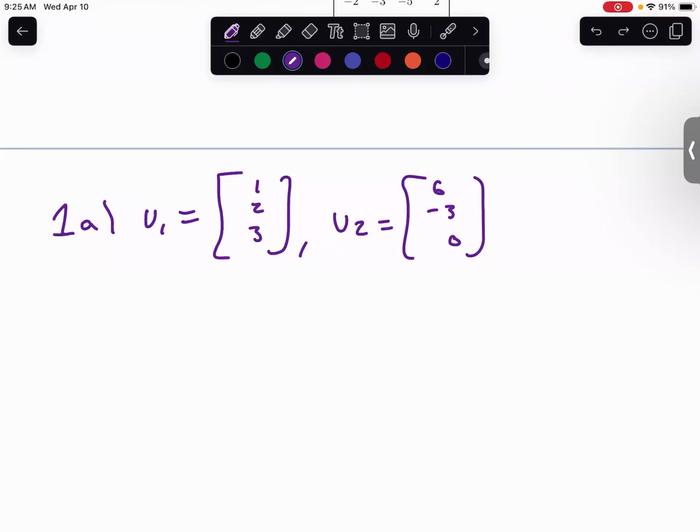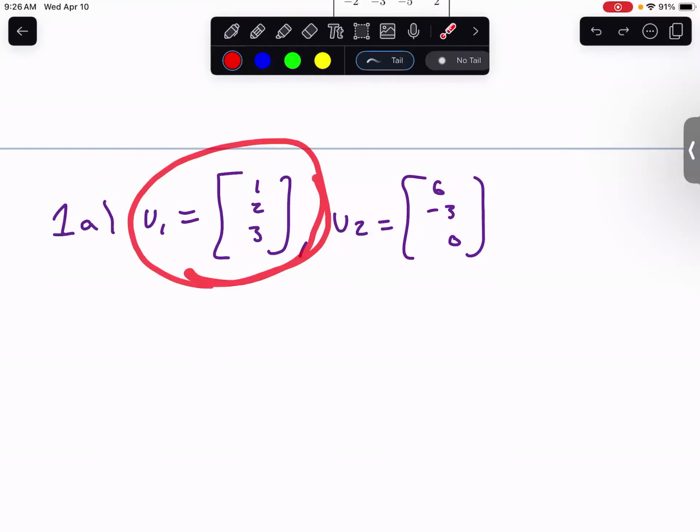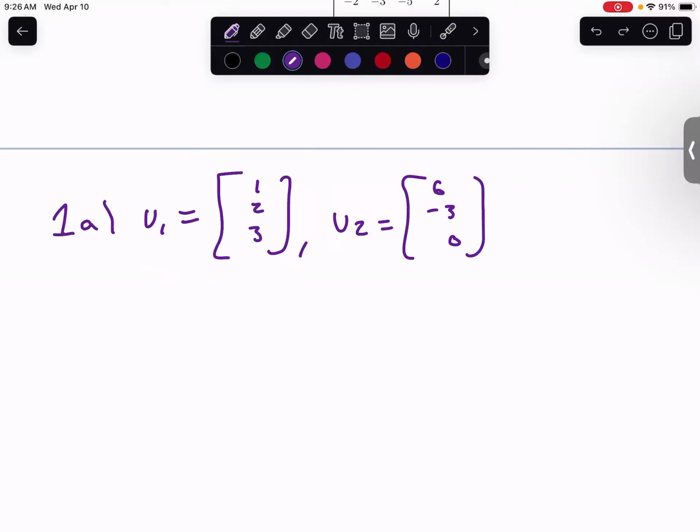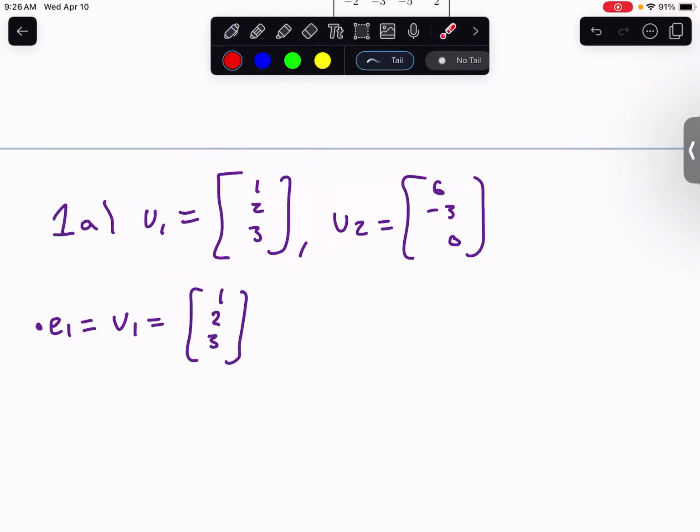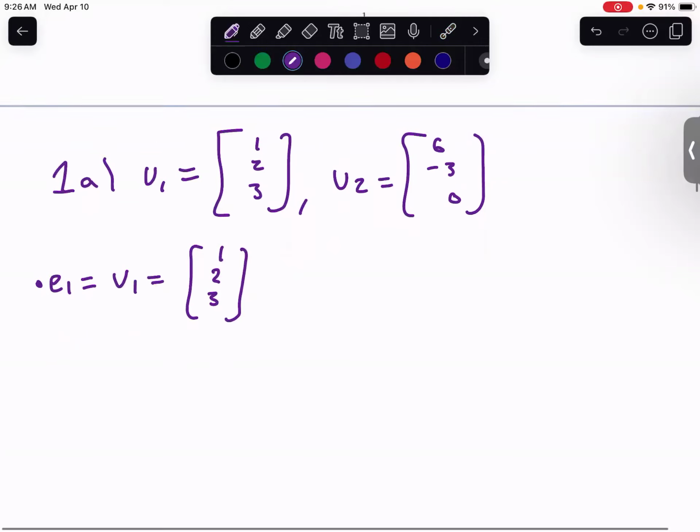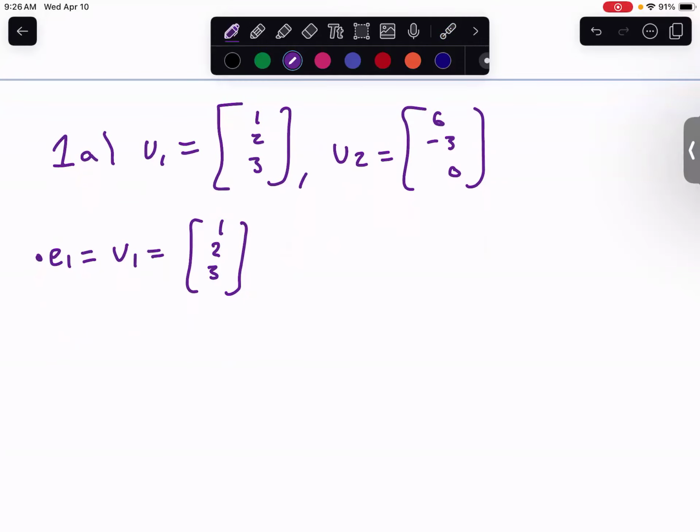The first thing we do with Gram-Schmidt is take our original vector V1 and not do anything with it. So I'm going to define E1 equal to V1. I'm denoting the collection of orthogonal vectors as E1 and E2, so that's why I write E1 equal to V1, even though it seems superfluous.